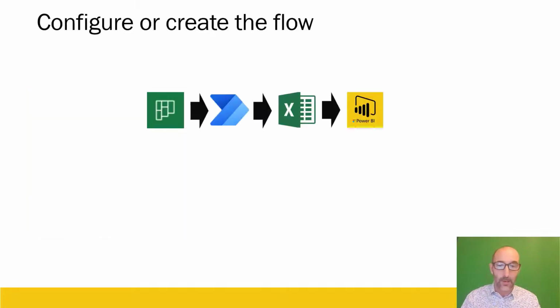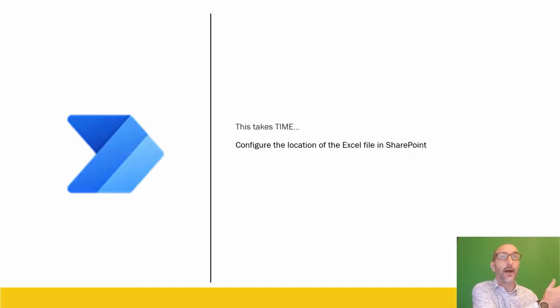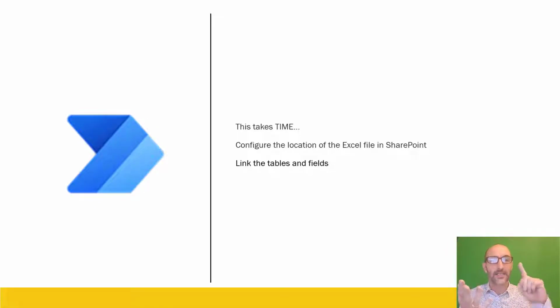So that's all well and good. And then we did the tough bit, which was editing the flow, because it takes time. You're going to have to configure the location of the Excel file in SharePoint for every branch of that flow. There are 6 branches, but you only need to do it for the tasks, buckets, assignments, users, no assignments, checklists, and labels.